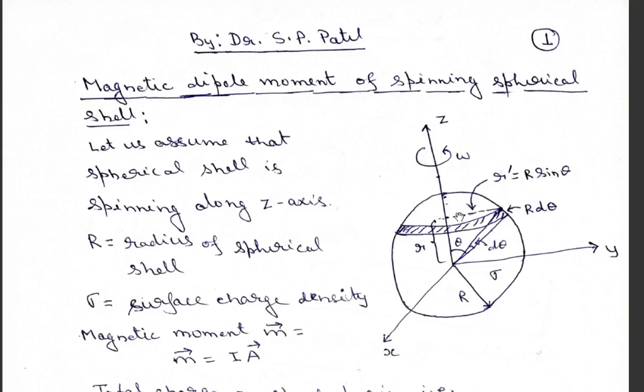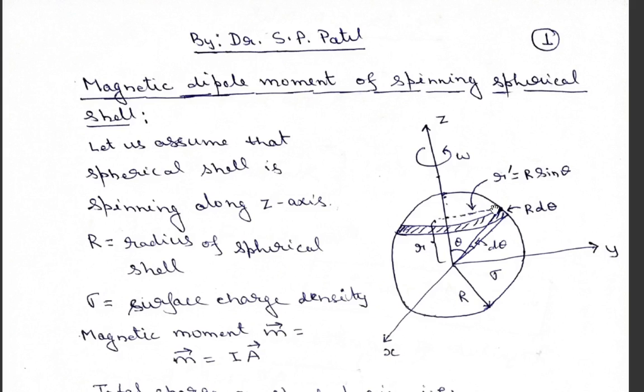Obviously this is 90 degrees, so this is perpendicular, and this is theta, so this will be capital R sin theta, so that means r prime is capital R sin theta, and this will be capital R cos theta, so small r is equal to capital R cos theta. So this r prime is basically giving the radius of the circular ring.